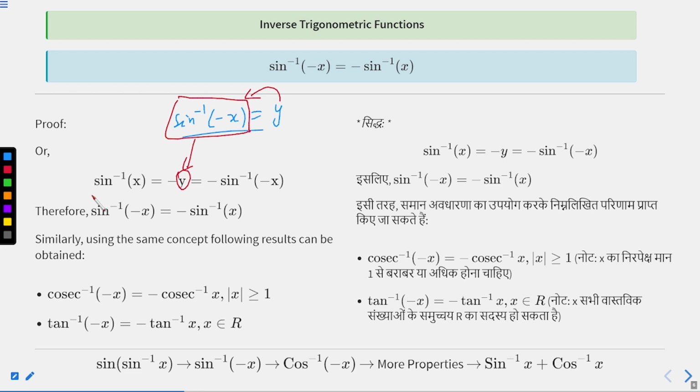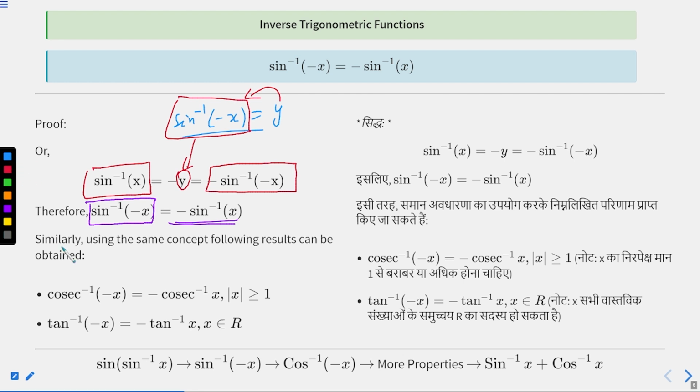So what you will get is sine inverse x is equal to minus of sine inverse minus x. Further, this will imply that sine inverse minus x is equal to minus of sine inverse x. I hope that it is quite clear to you.